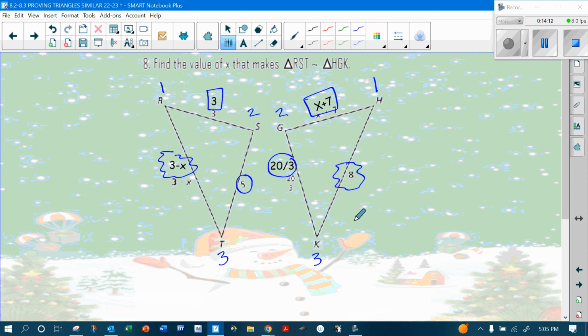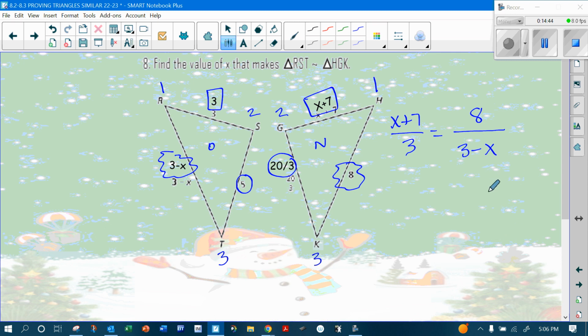So I'm going to solve for x without using this fraction, okay? So set it up as a proportion. So if you want to do, this is your new and this is your old, all right? So I know that new x plus 7 goes with old, which is 3, and new, which is 8, goes with old, which is 3 minus x.